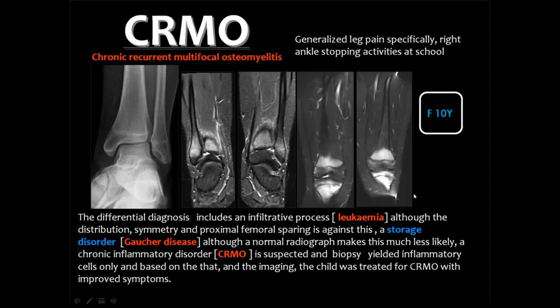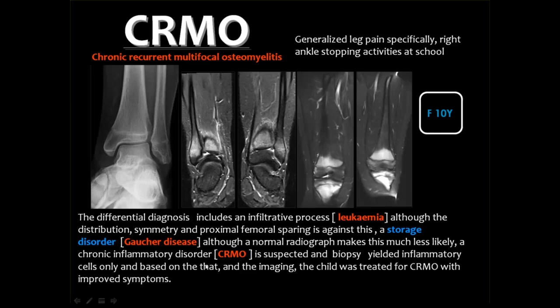According to the literature, the differential diagnosis will include an infiltrative process like leukemia, but the distribution and the symmetrical appearance with proximal femoral sparing are against the diagnosis of leukemia. Also, for Gaucher disease, the normal radiographs make Gaucher disease less likely.